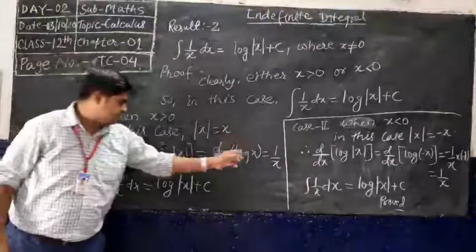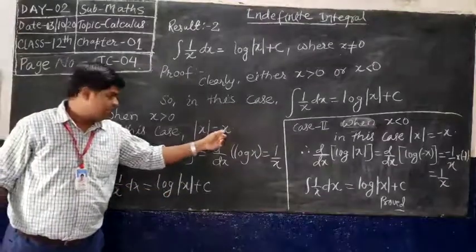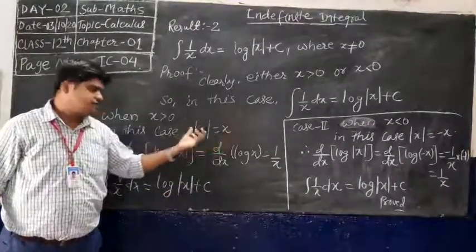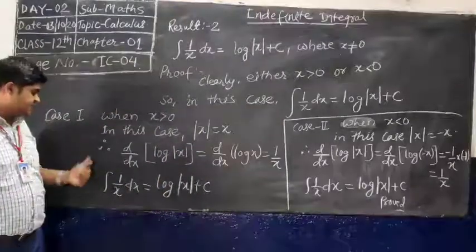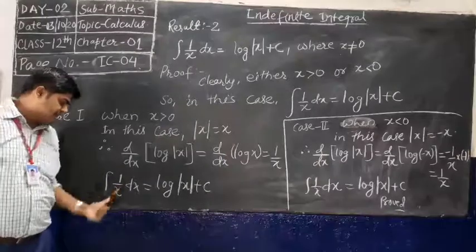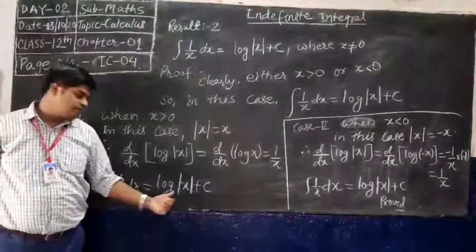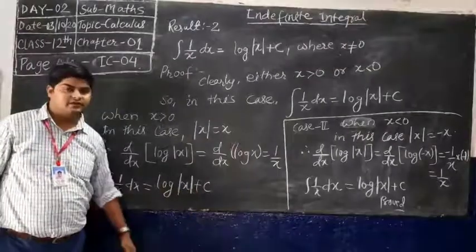That means you can write log mod x here, because x is positive, so you put mod also. So finally in case 1 we have seen that integration of 1 by x dx is equal to log mod x plus c, where c is the constant of integration.